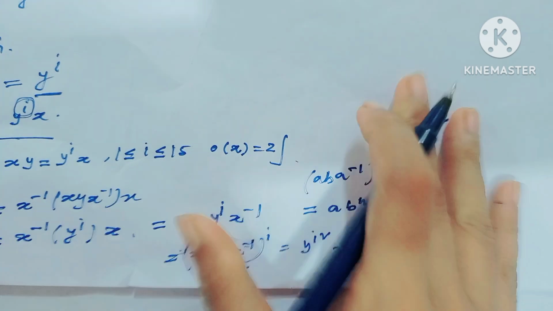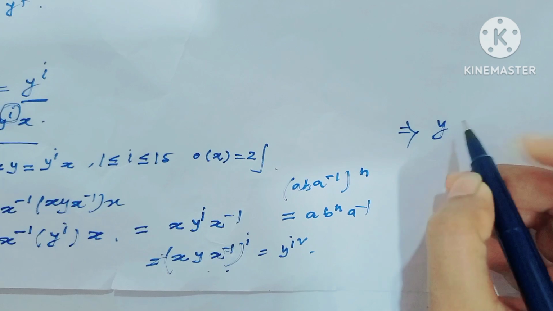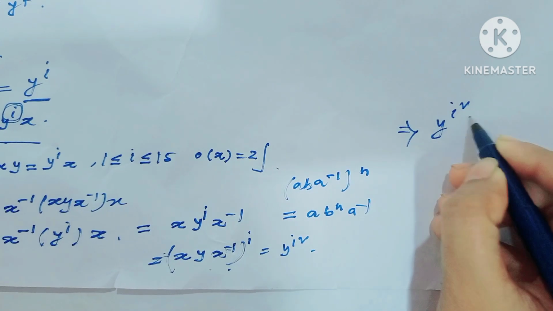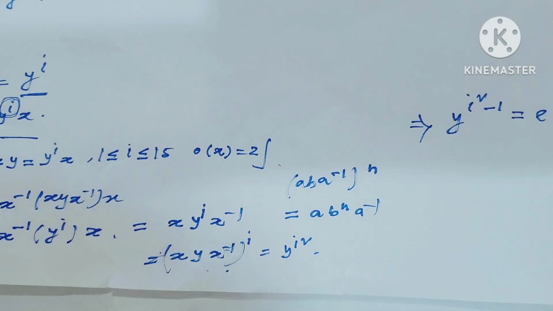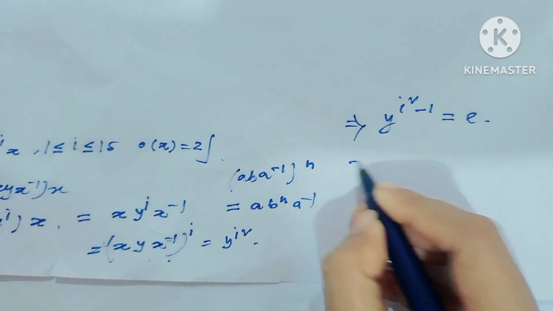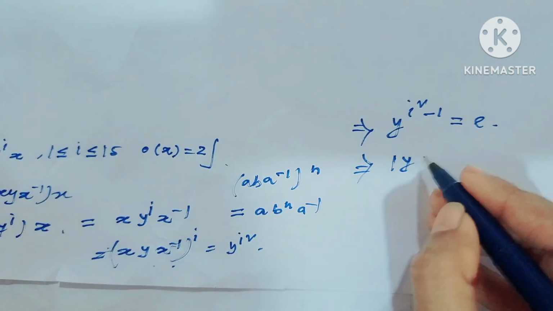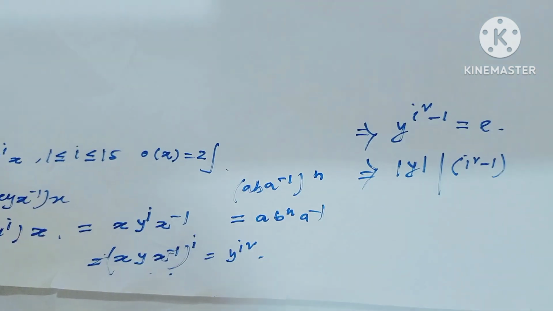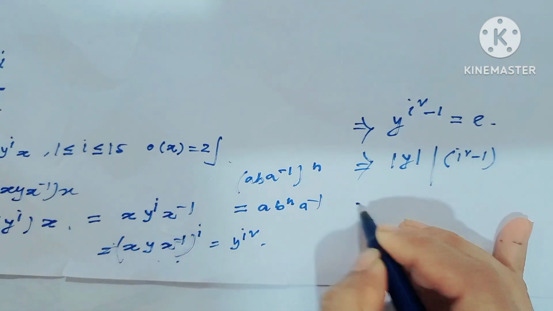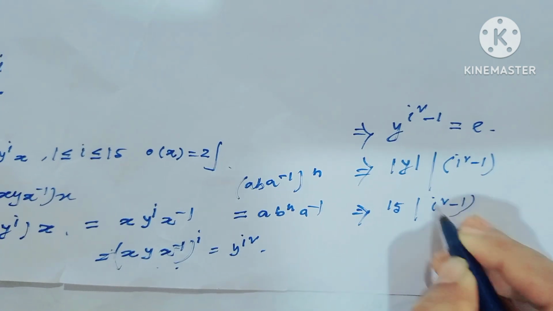Okay? That implies, since y equal to (y^i)^i, that means y to the power i^2 minus 1 is equal to identity. Since this is equal to identity, the order of y always divides i^2 minus 1, and order of y is 15, that means 15 divides i^2 minus 1.